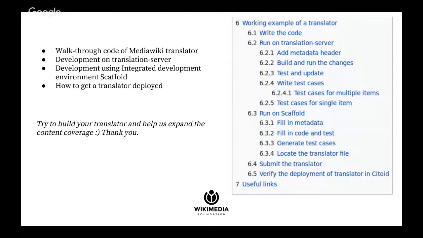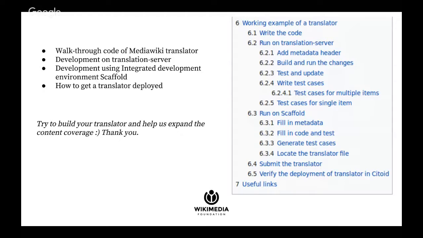So this documentation has all the updates, how to develop on Docker and how to do development through the translation server, because for Citoid, it is very important that a translator runs on the translation server, whereas the previously available documentation only explained how to develop through Scaffold, which is an integrated development environment provided by the Zotero community.